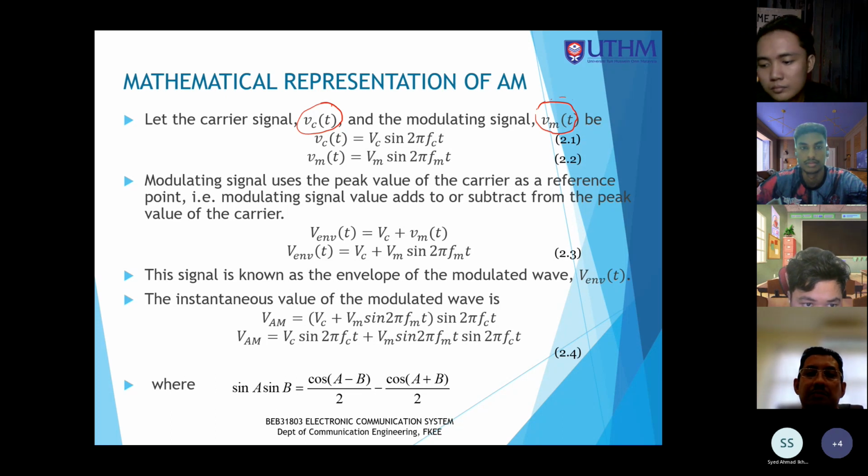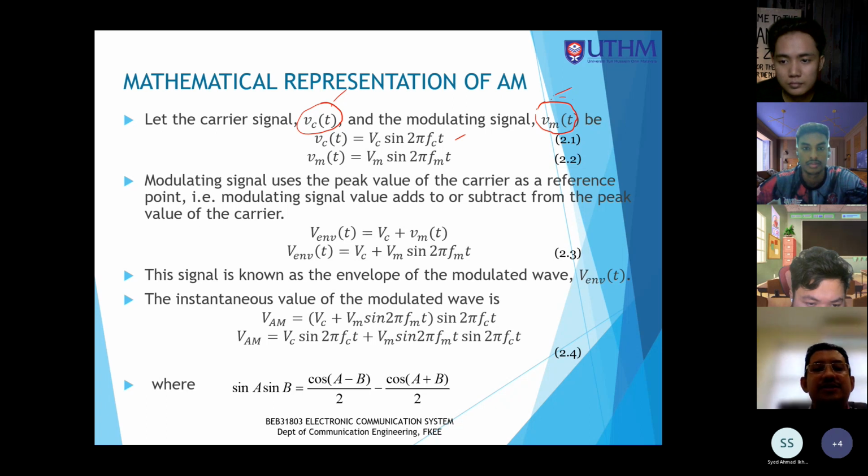Both of these are functions of time, fungsi terhadap masa. Carrier is defined as Vc sine 2 pi fc t. The modulating signal is defined as Vm sine 2 pi fm t.